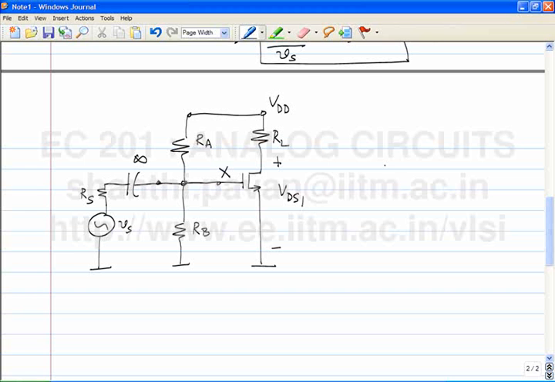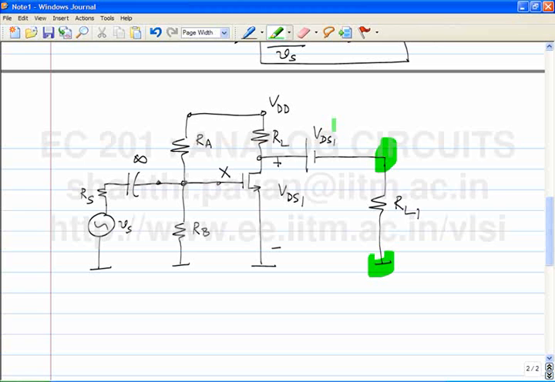If I added a load resistor RL1 directly to the drain, obviously there will be some DC current through RL1. However, instead of connecting it directly, if I connected it in series with a battery whose value is exactly equal to VDS1, then the potential difference between the two terminals of this resistor is what? Is 0. Because this is VDS1, this is the battery I postulate to be exactly equal to VDS1. So the difference between the two is 0. Okay? So there will be no quiescent current through RL1.